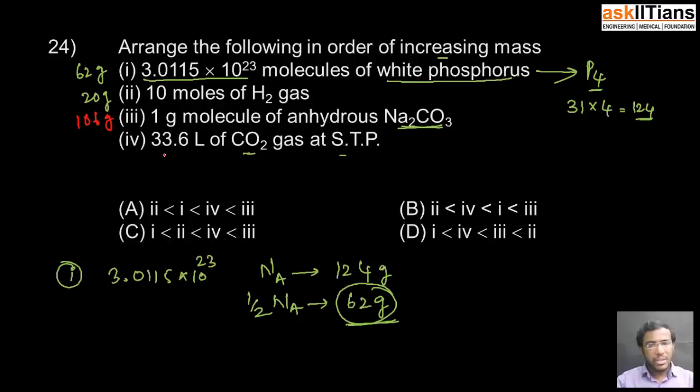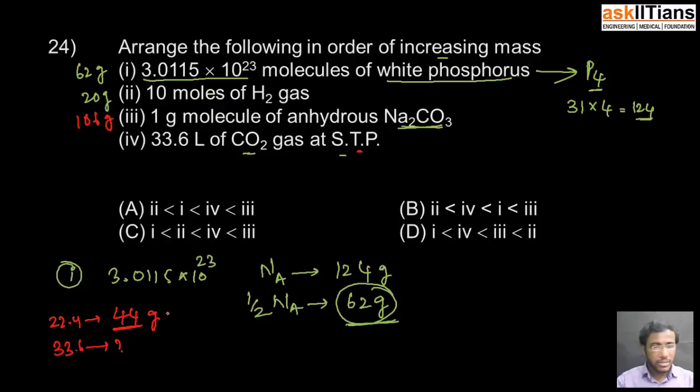And the fourth one, let's see, 33.6 liters of CO2 gas at STP. So we know that at STP, 22.4 liters of CO2 gas corresponds to 1 mole. So 1 mole of CO2 is 44 grams, right? So 22.4 liters is 44 grams, then 33.6 liters is how much?